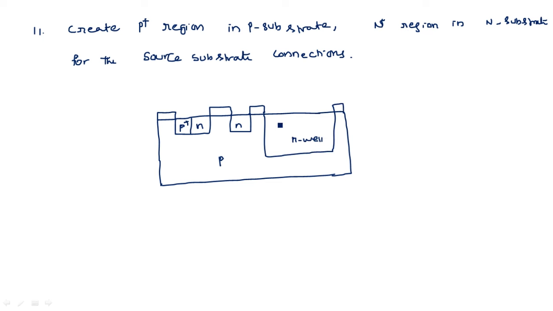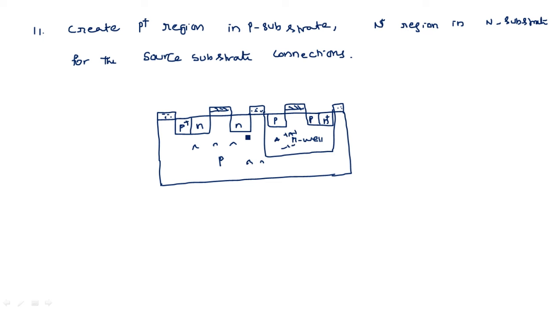N well where we have PMOS transistor. So this one is N plus region and it is P type. It is P type. Here it is the gate. Okay. So now the complete CMOS structure is ready now.